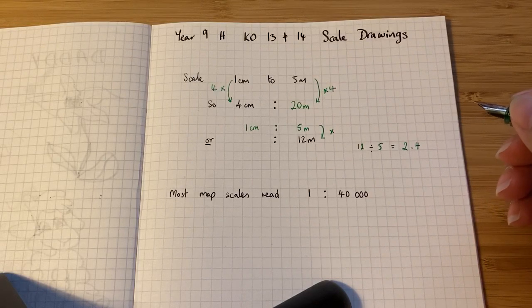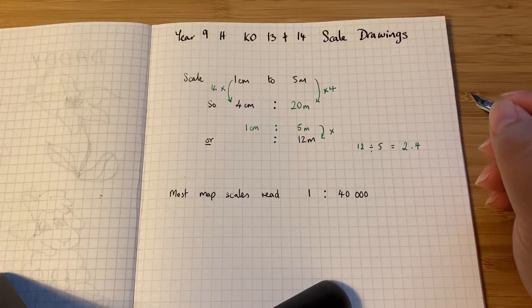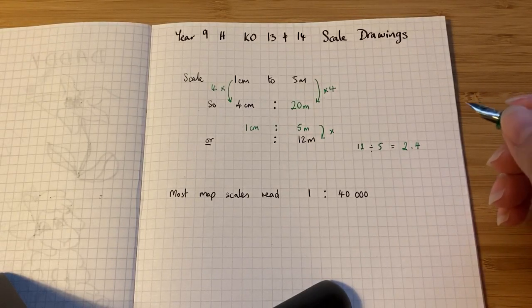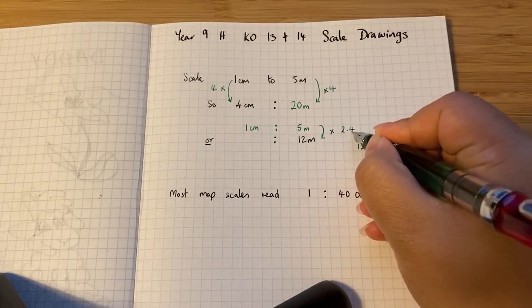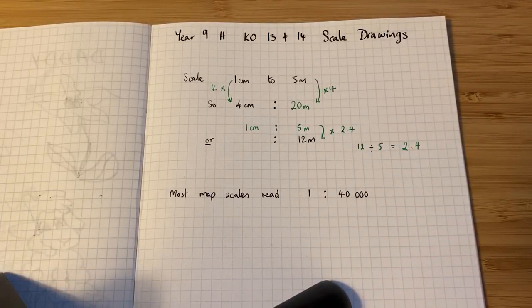Okay, and that is the scale that we are multiplying by to change from 5 metres to 12 metres. And that's actually what's being multiplied. So you could check if that 2.4 is correct by doing 5 times 2.4. And hopefully you would get 12 when you put that in the calculator.